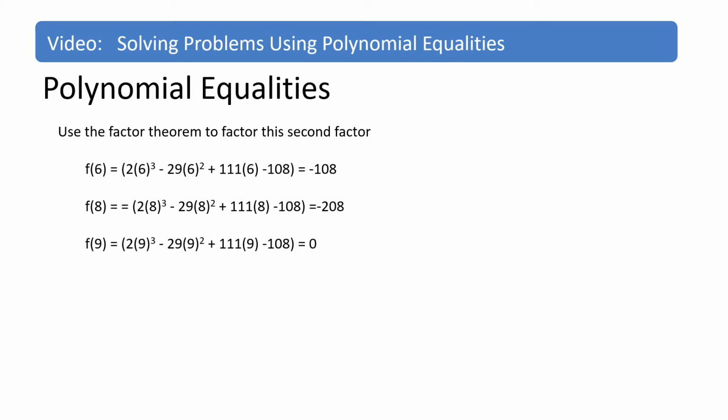We get 0. So we know by the factor theorem that t - 9 is a factor of 2t^3 - 29t^2 + 111t - 108.